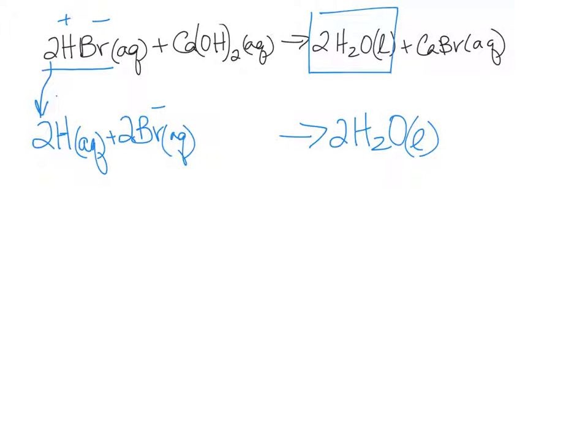Now I've taken care of the positive hydrogen ion and the negative bromine ion from hydrogen bromide. Next, I'm going to add my positive calcium ion, which is aqueous. Oh, and I've run out of room. Plus my hydroxide ion, which is negative.